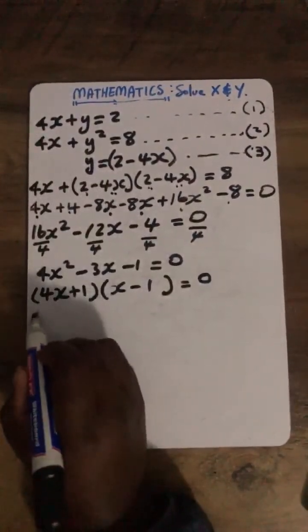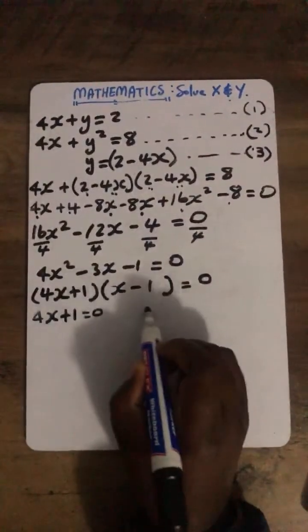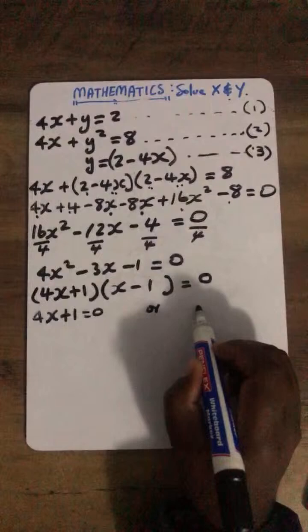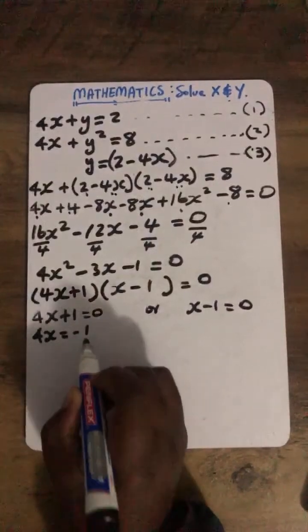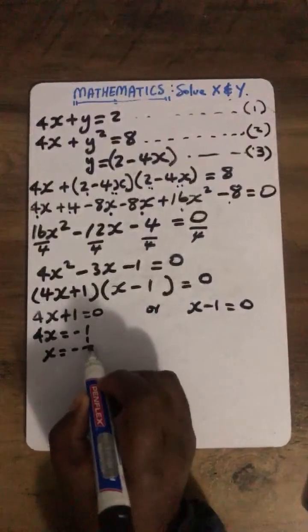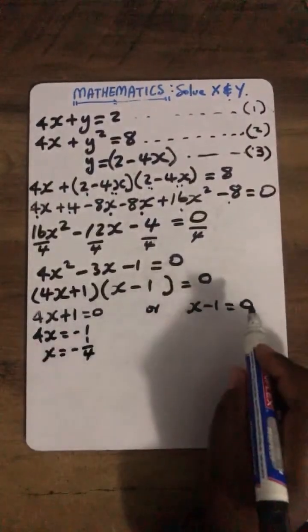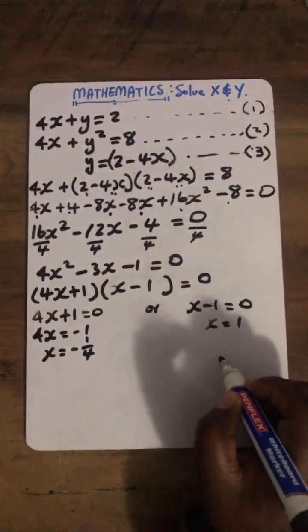So obviously, you will take this and equate it to 0, or you will take that and equate it to 0. Here you've got 4x plus 1, and then your x ends up being negative a quarter, and on this side your x equals positive 1.